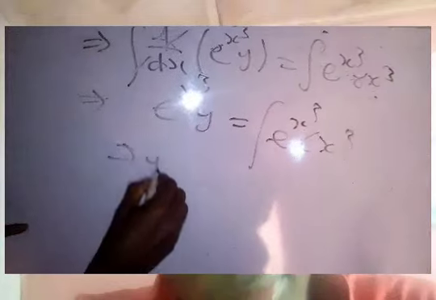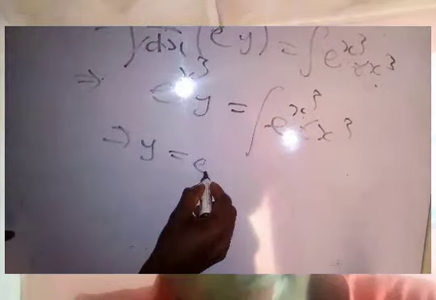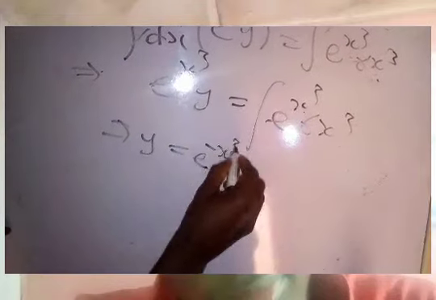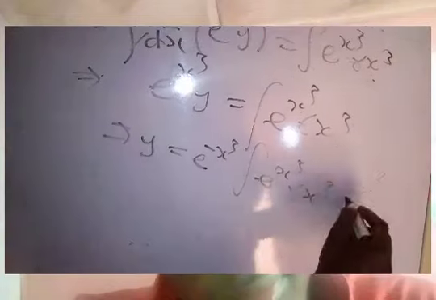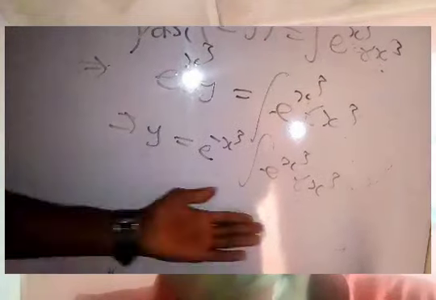It is y that I want to get, so y equals e to the minus x cubed times the integral of e to the x cubed times 6x squared, plus a constant. This is the solution, but you have not finished yet. You need to integrate this. Once you integrate this, you are done.